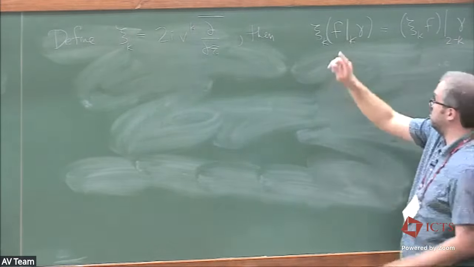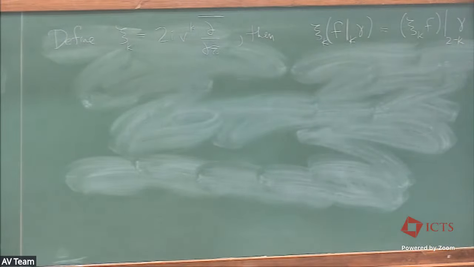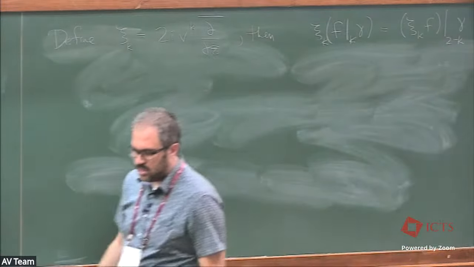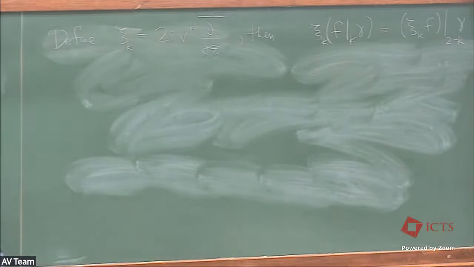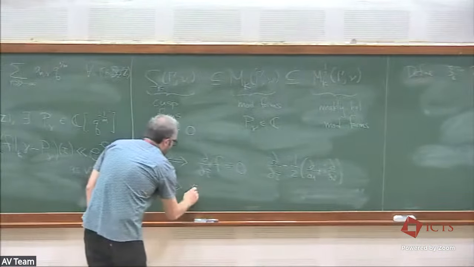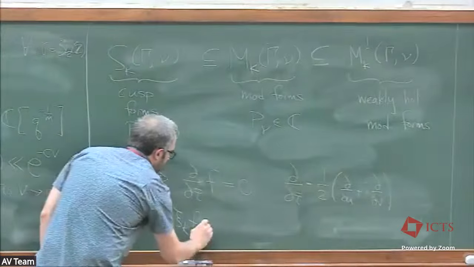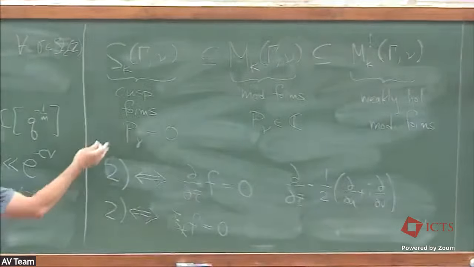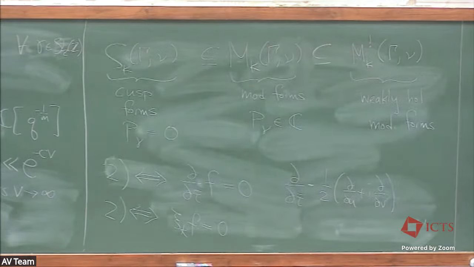And this v^k just makes this slash operator work nicely. So this seems like a nice operator. It plays nicely with the slash operator. And so we could actually rewrite condition 2 again, and say that this is equivalent to saying that xi_k f is equal to 0, because xi_k is just d tau bar with some decorations on it.